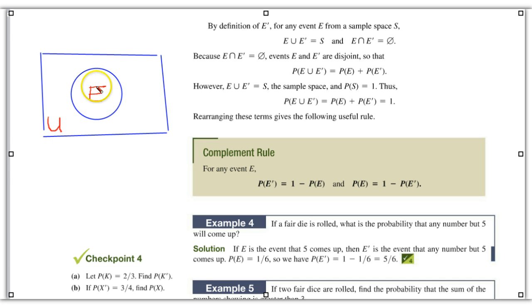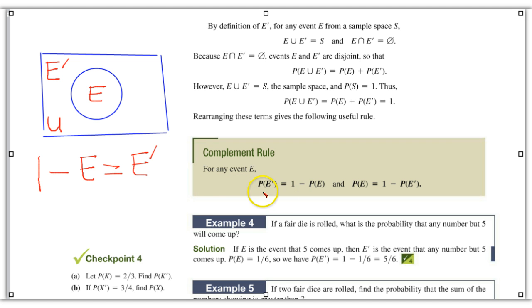Now, having a little review is never a bad thing, so here's our Venn diagram. There's our set E. There's our sample space, the universe. So what is outside set E? Well, we had said a number of times, E complement. So if we have the whole, which is 1, and we subtract from it E, we're going to end up with E complement.